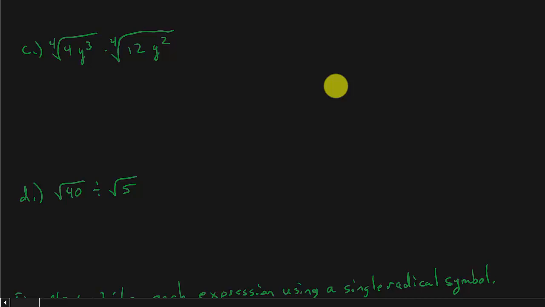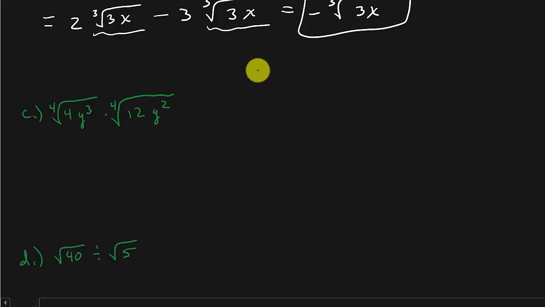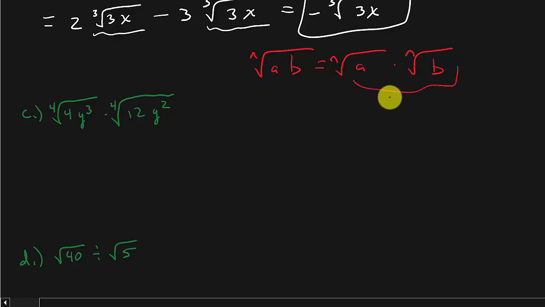But what's underneath does not have to be the same. If you remember back, we had that property that said the nth root of a times b is equal to the nth root of a times the nth root of b. Well, you can also read it back this way. You just multiply what's underneath the radicals.